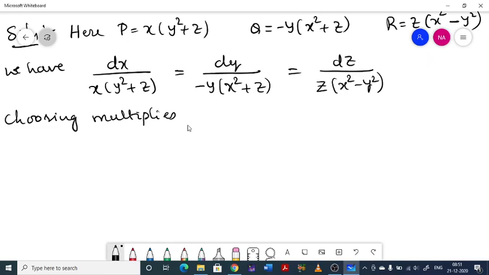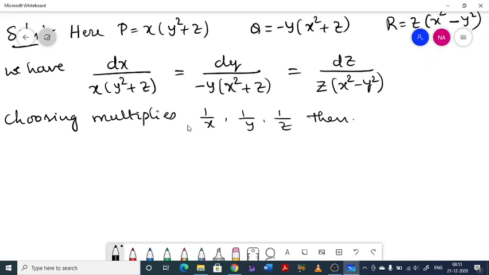See, if you remove x here, remove y here, remove z here, then what do you get? Y square, that cancels with minus y square. Z, that cancels with minus z. X square can cancel with minus x square. So I have to remove x, y, z there. So I'll take 1 by x, 1 by y, 1 by z.